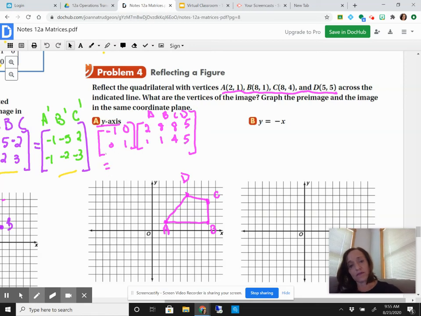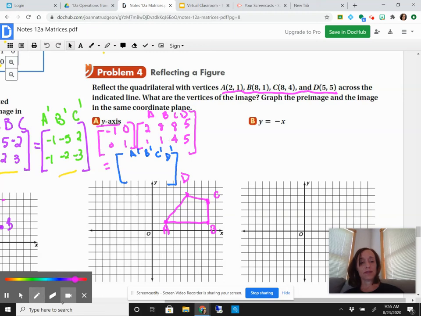And what is this going to equal? I'm going to have to put this one down here because I don't have enough space. This is going to be A prime, B prime, C prime, D prime when I get it done. All right, so let's get multiplying here. We're reflecting it across the y-axis.